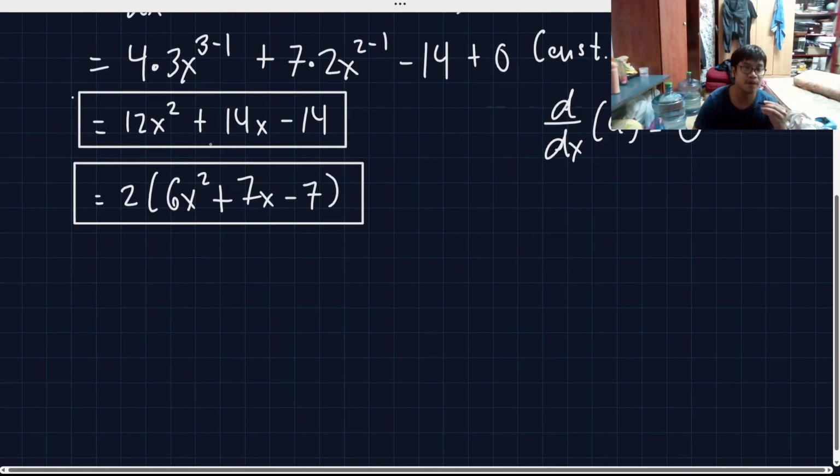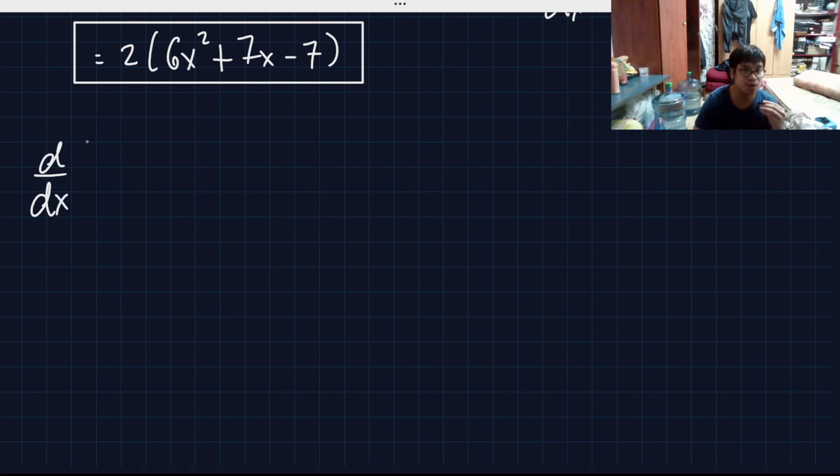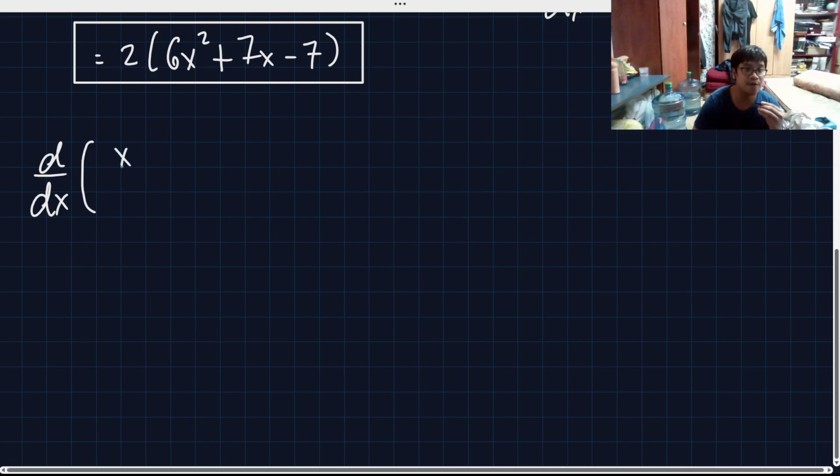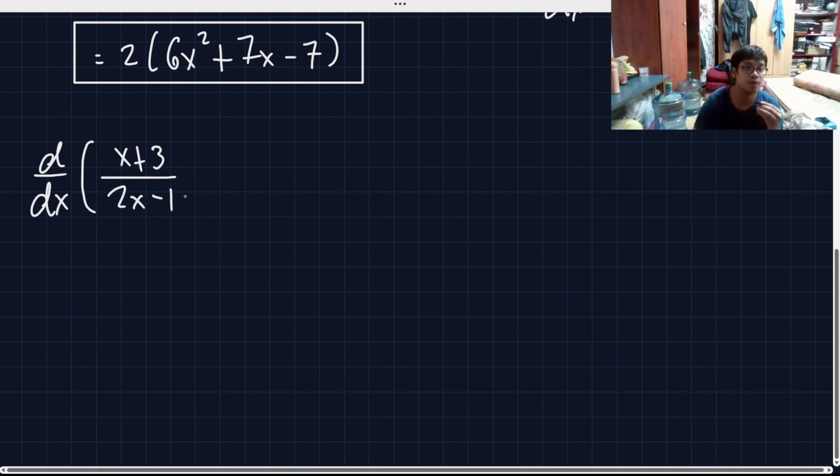So the next problem here is we have actually a given rational function. Basically it's a polynomial but in a fraction. So here we have x plus 3 all over 2x minus 1. Let me take a look if I'm correct. 2x minus 1. There we go.